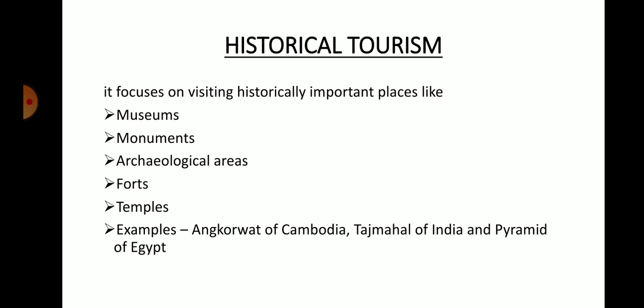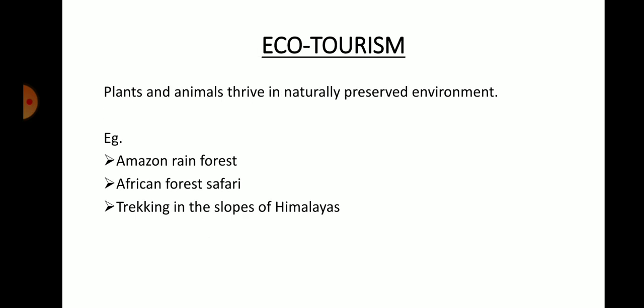The Angkor Wat temple in Cambodia is the largest Hindu temple in the whole world. Taj Mahal of India is a world famous monument. And the Pyramids of Egypt, these are some of the examples of historical tourism.